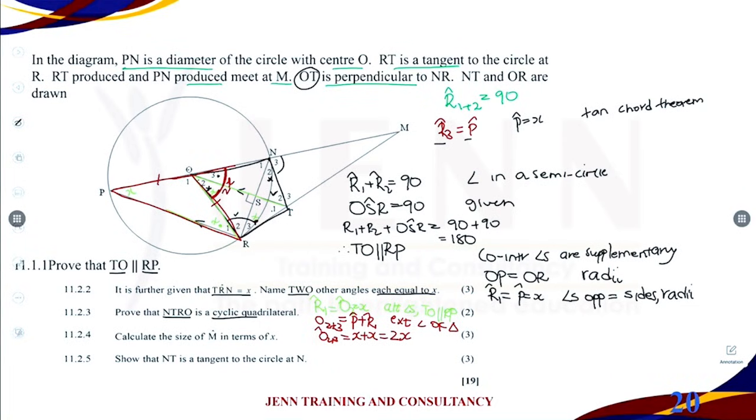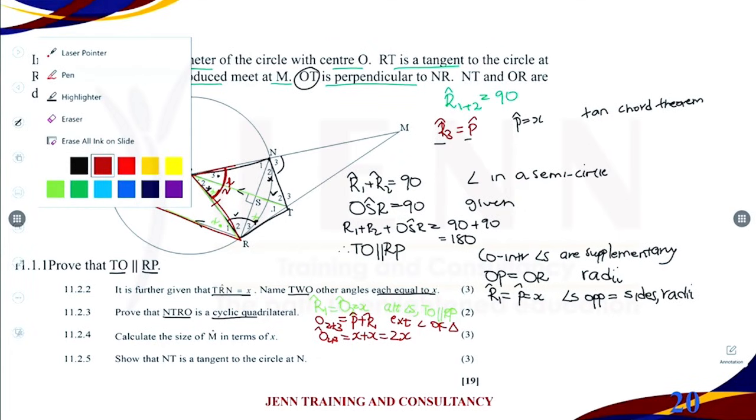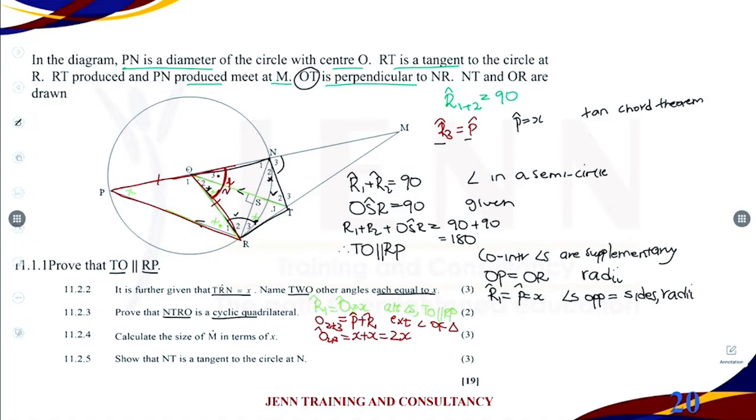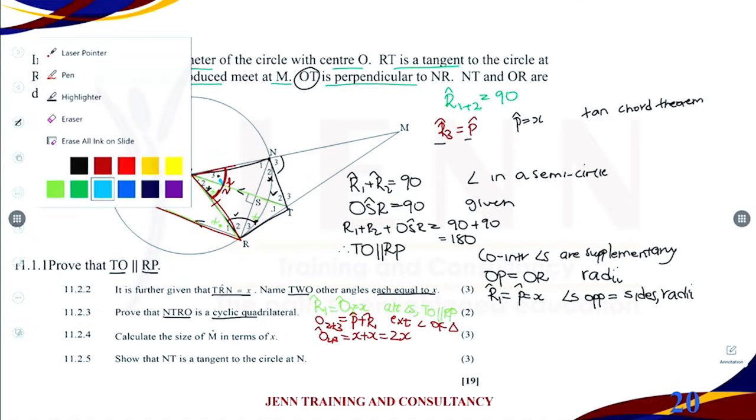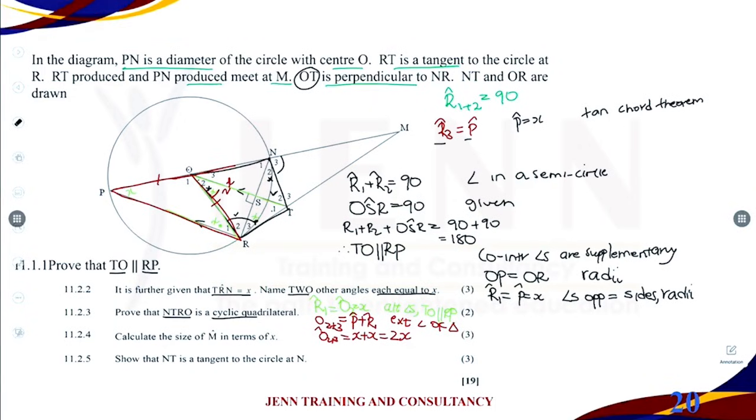And I know that O2 is x as well. So that simply means O3 will also be x. So this is also x. Therefore, O2 will be equal to O3.